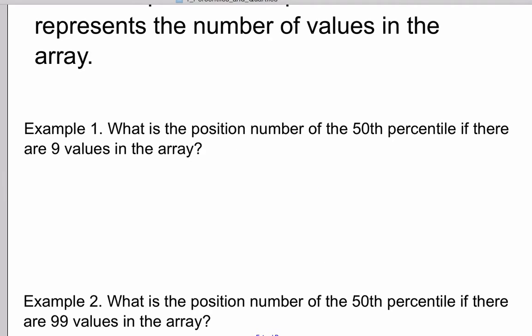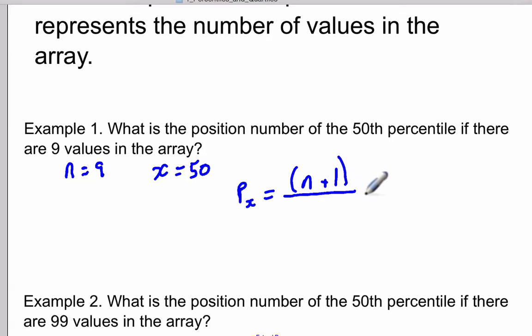In this case, N is equal to 9, and X is equal to 50. So the position number of X is going to be N plus 1 over 100 times X, that's our formula.